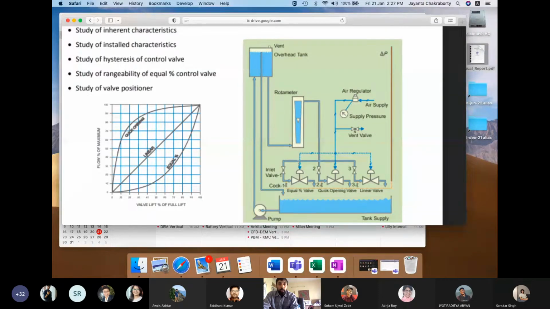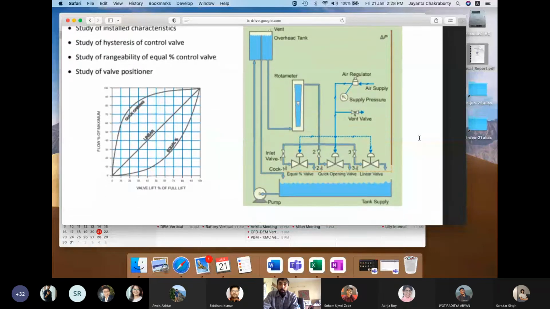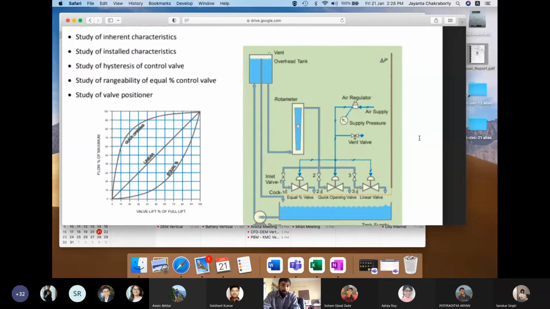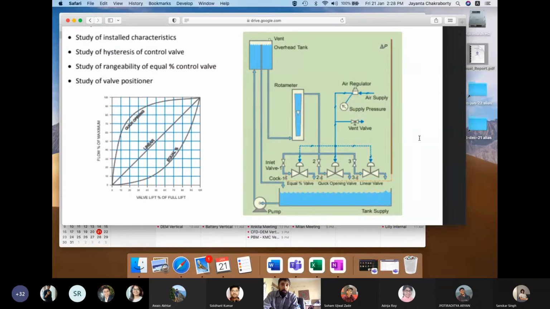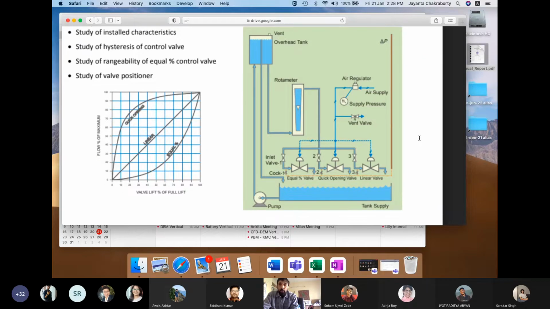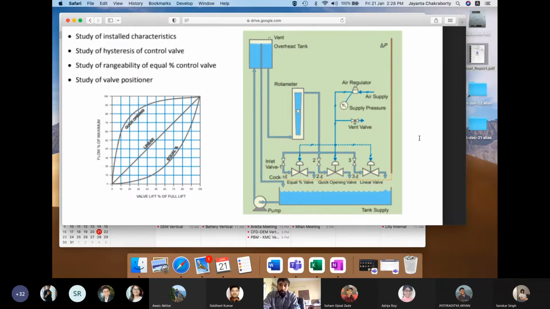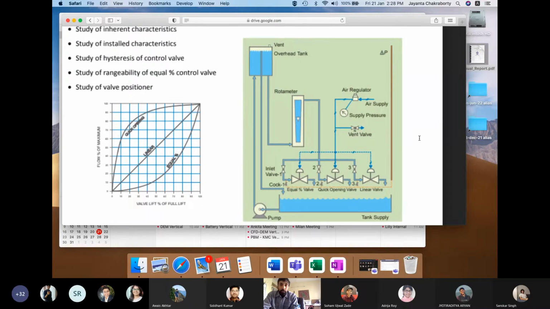Okay. So in a nutshell, this is the primer required for you to understand and go for these experiments. Analyze the data. Of course, the experiment you will see me doing in a video. And some points may be hazy, especially the installed characteristic and inherent characteristic. Just read it from some textbook.